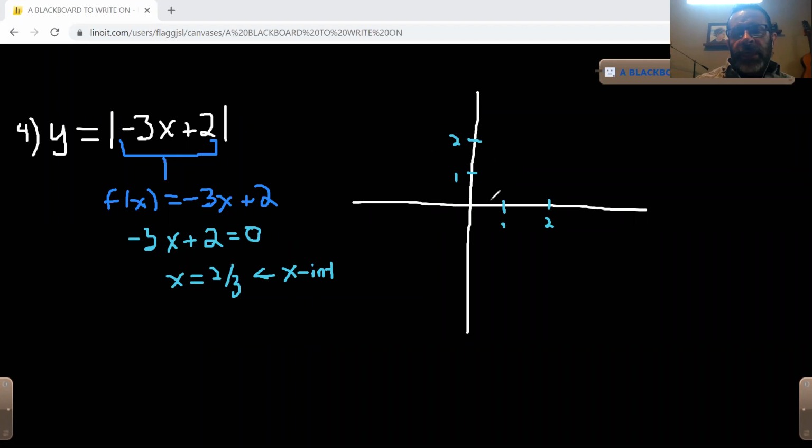Two-thirds then would be around here. So the line of the graph would go something like this.